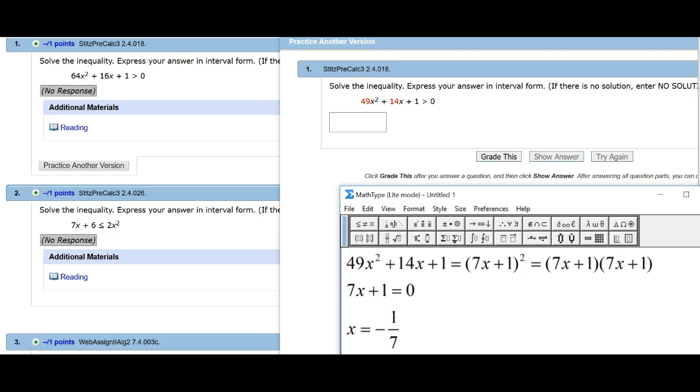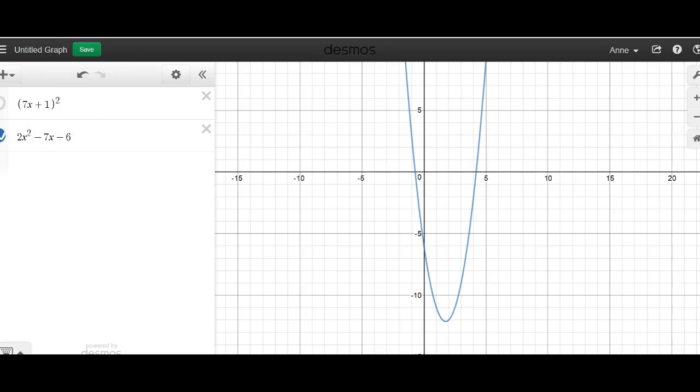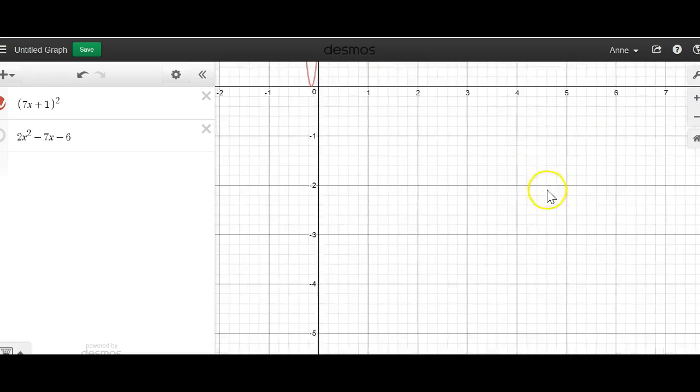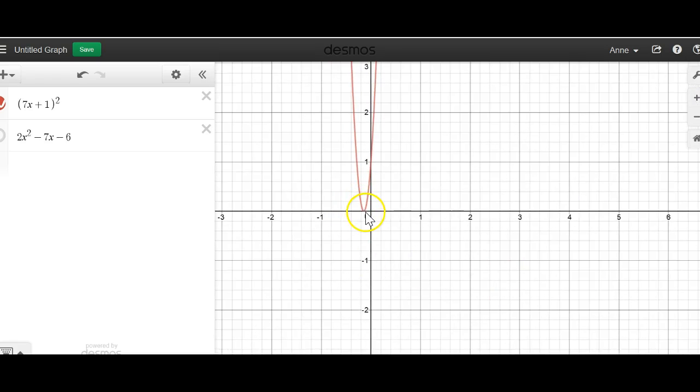So that means that the vertex must be at the x-axis. So I'm going to flip over here to show you what that means. I'm going to turn this guy off and turn this on. So there's 7x plus 1 quantity squared. As you can see, it just touches the x-axis in one point because it has that repeated 0 there.